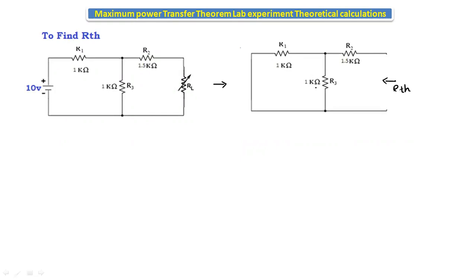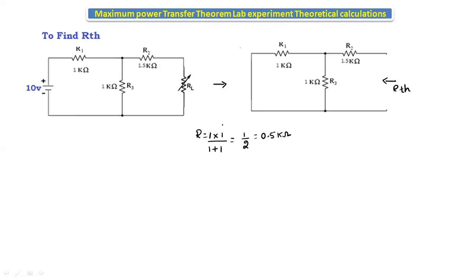These two resistors are connected in parallel. When two resistors are connected in parallel, the formula is R1 into R2 by R1 plus R2. Here 1 into 1 by 1 plus 1. We will get 1 by 2, that is 0.5 kilo ohms. We will remove the two resistors and replace them with one resistor.